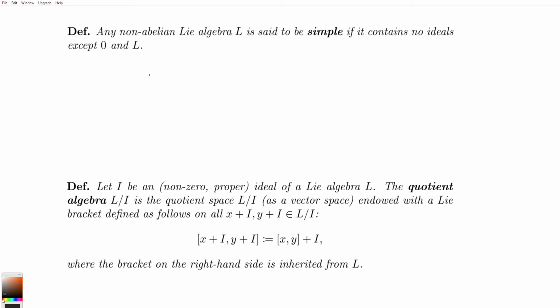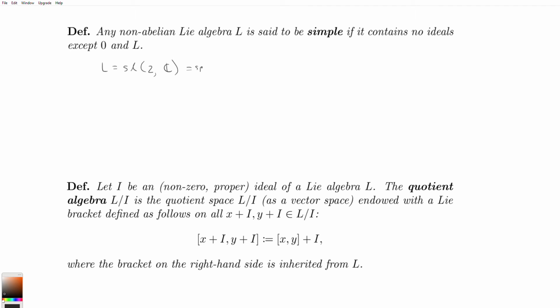So we exclude that. Let's take a look at an example of a simple Lie algebra. Let's say L is equal to sl(2, C). Then recall our commutation relations and the things that span sl(2, C). Let me rewrite it for good measure.